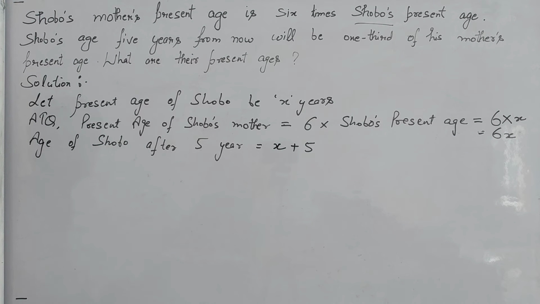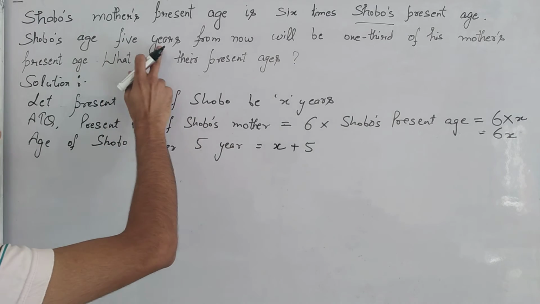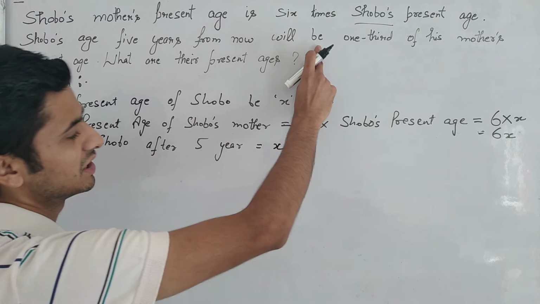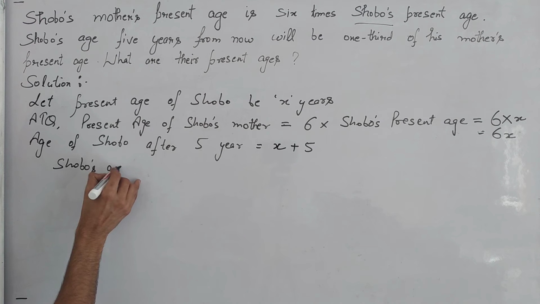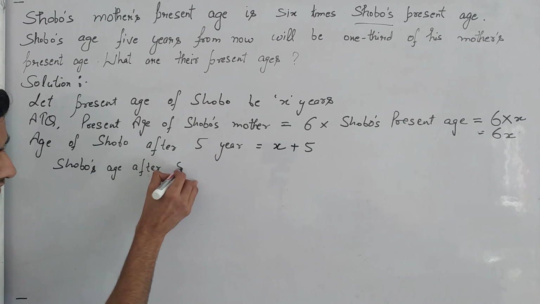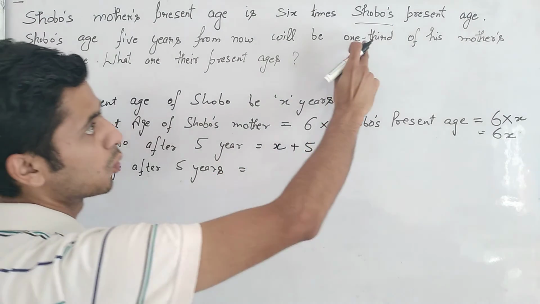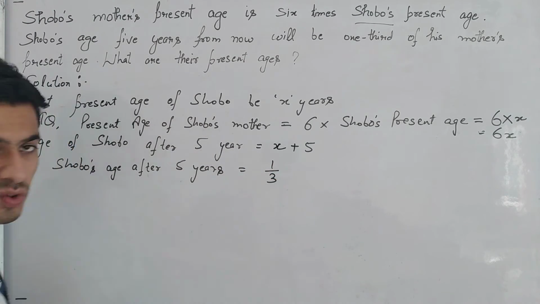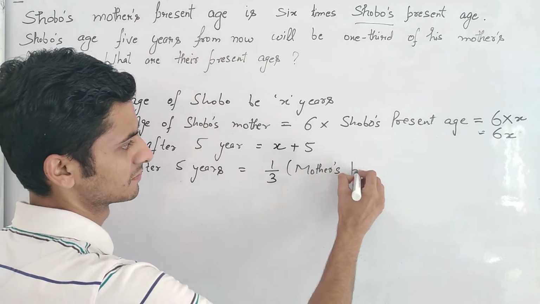And the relation they have given over here, understanding the statements is very important. So the statement is Shogo's age 5 years from now will be equal to 1/3 of his mother's present age. 1/3, this is what we call 1/3, mother's present age.